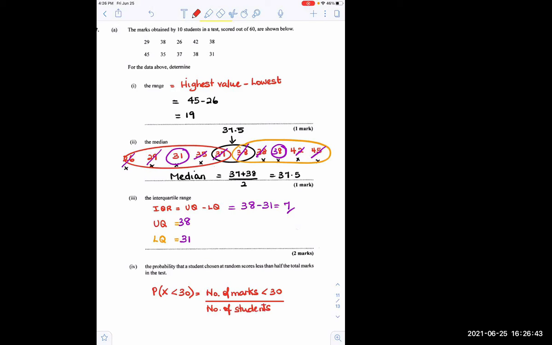How many marks do we have less than 30? 2. 26 and 29. You all see that? It will be 2 over 10. Could we simplify that? 1/5. Yes. All right, take it down. Let's move on when you're ready.